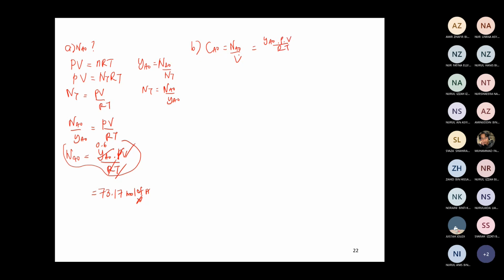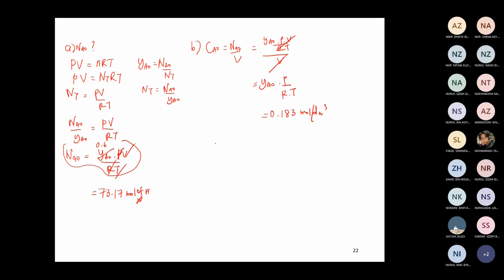Jangan lupa kita ada V tadi per dengan V, so from here we can cancel the V. Yang remain is YA0 times P over R times T. So just masukkan value, you should have the value for the CA0 is 0.183 mole over decimeter cube.